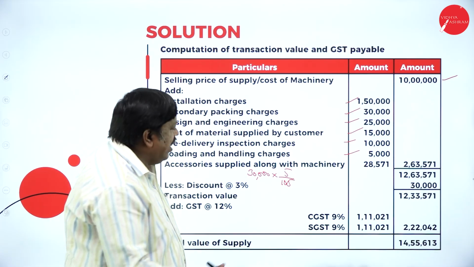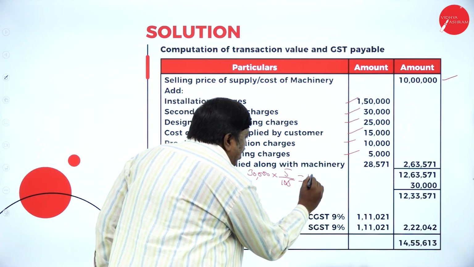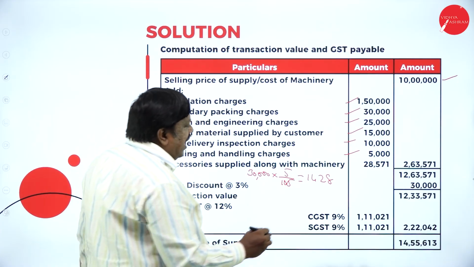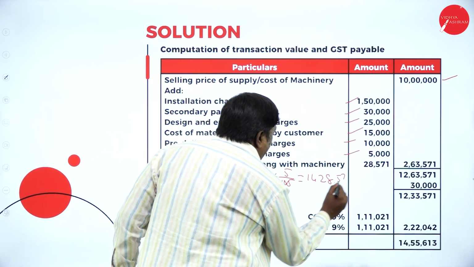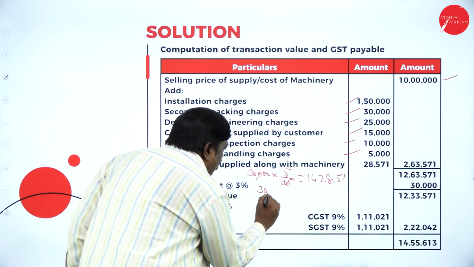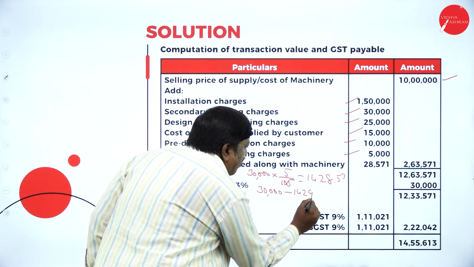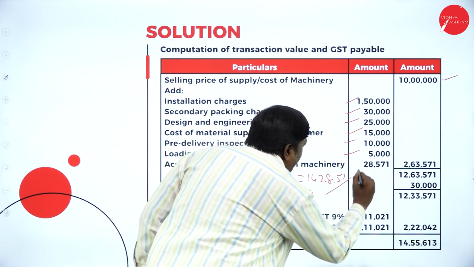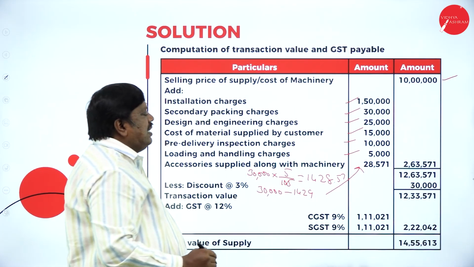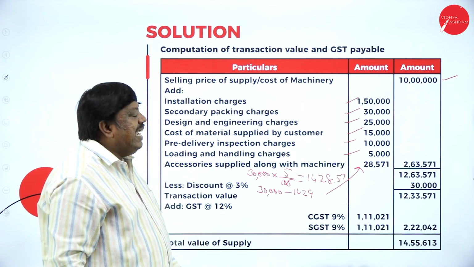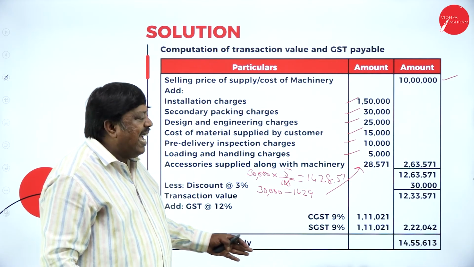So it will be 1,428.57, means 30,000 minus 1,429. So we are going to get 28,571. That should be considered because it is inclusive of tax.